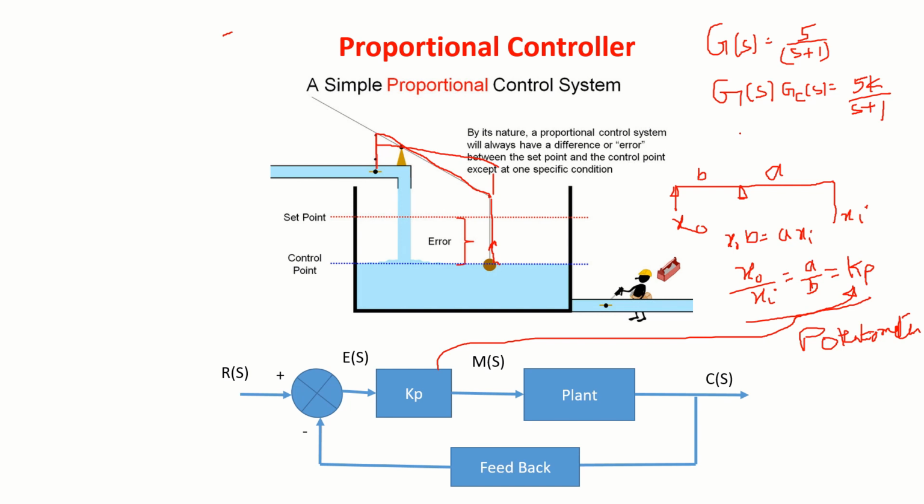Suppose H of S is 1. Suppose steady state error in this case is limit s tending to 0, s R of s divided by 1 plus G of s and GC of s.